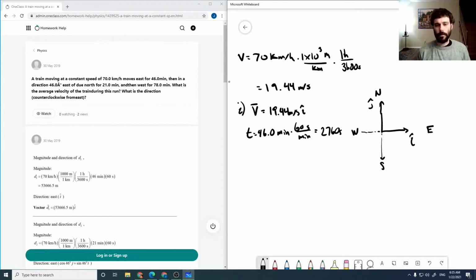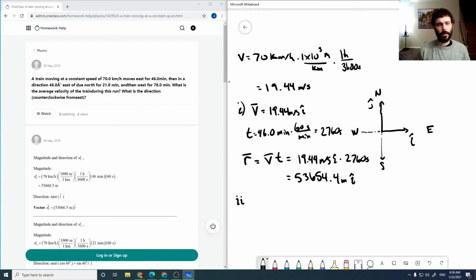And so the displacement vector that I've traveled is v t, which is 19.44 times the 2760 seconds, which comes out to be 53,654.4 meters in the i hat direction.